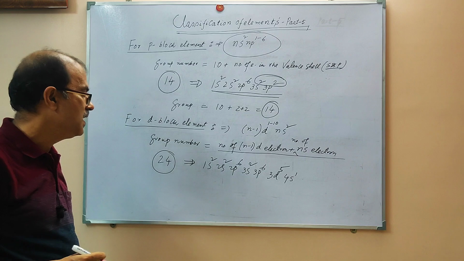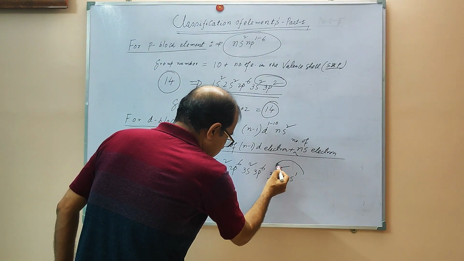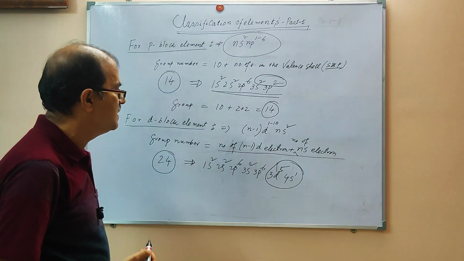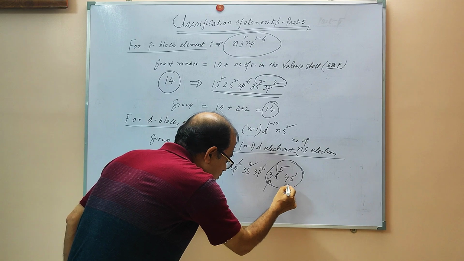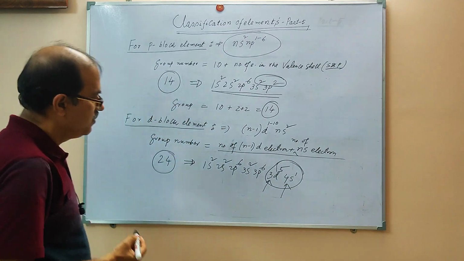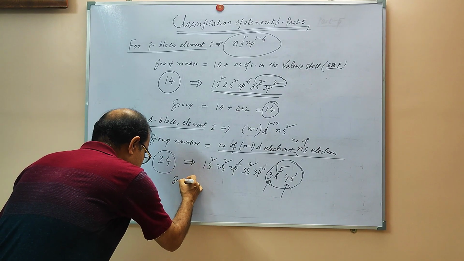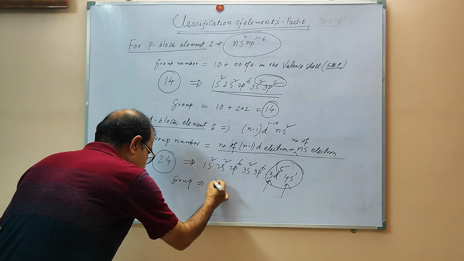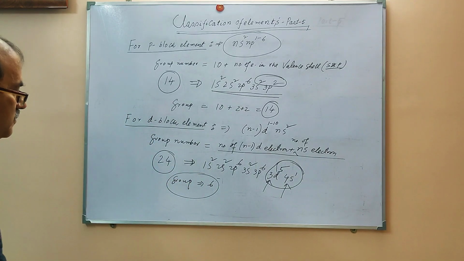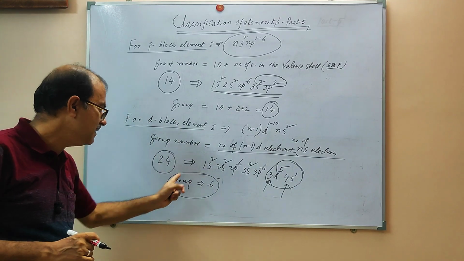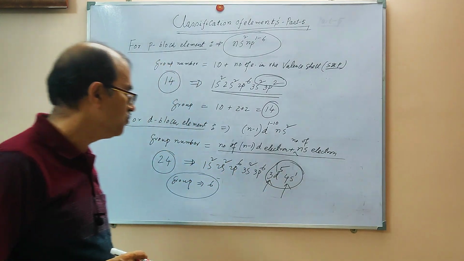This is chromium. The group number is found from the (n-1)d electrons, here 3d, and n is 4. So the total electrons are 5 plus 1, which means 6. So the group number here is 6. This element is positioned in group number 6, so you can understand the groups.